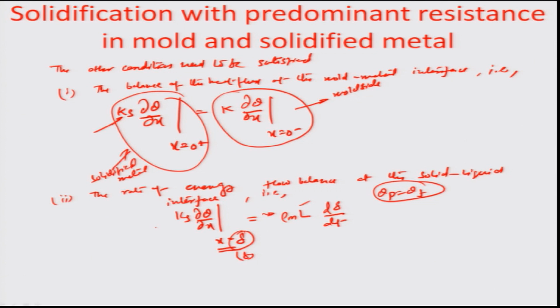And then obviously, the third condition that needs to be obeyed is that at delta, the temperature should be equal to the freezing point of the material, otherwise there is no point in having the interface between solid and liquid. So, this is actually necessarily equal to theta f.